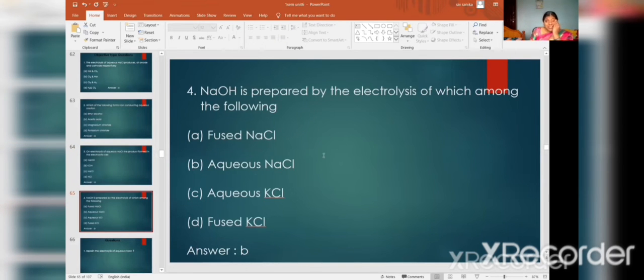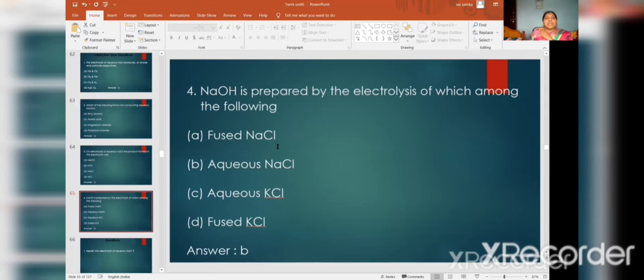NaOH is prepared by the electrolysis of which among the following? By doing the electrolysis of one of these, that solution will give NaOH.